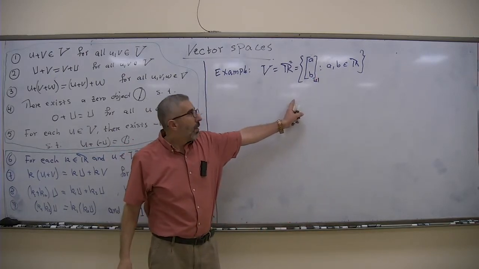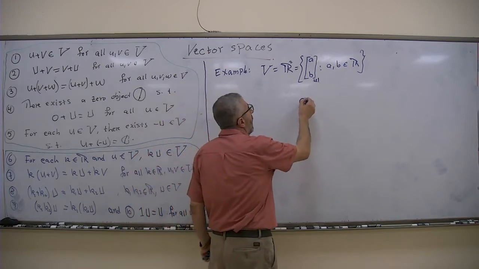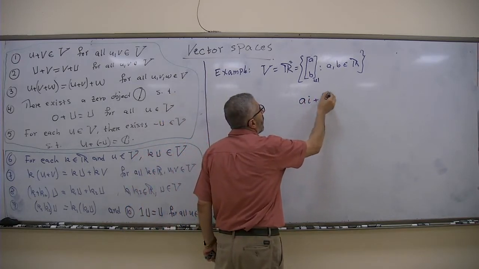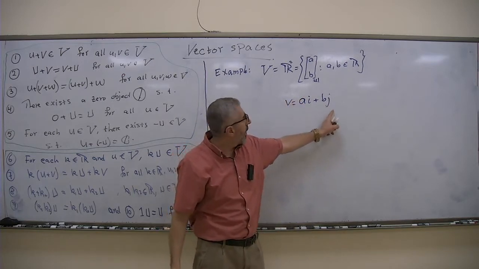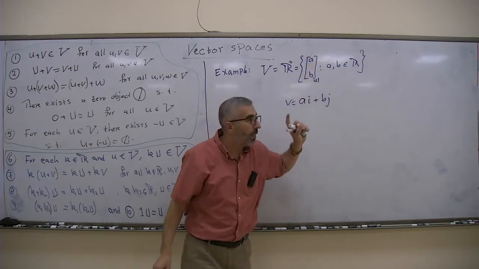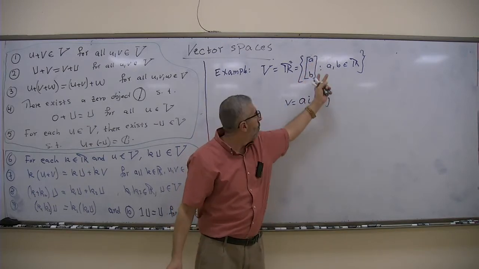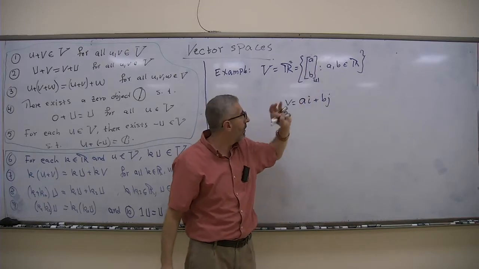Now, if you think about it, this is actually what you used to write in physics as ai plus bj. So ai plus bj in physics, you like to write it like this, but here we like to write it a, b in this matrix form.